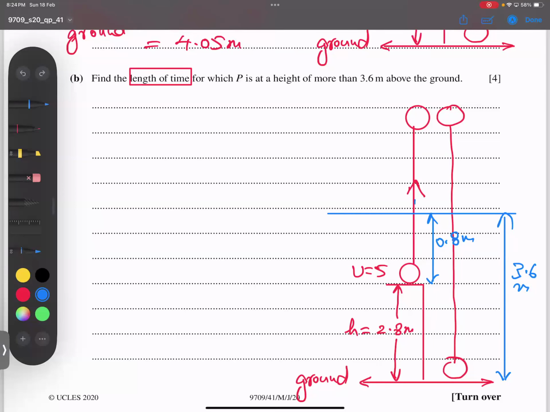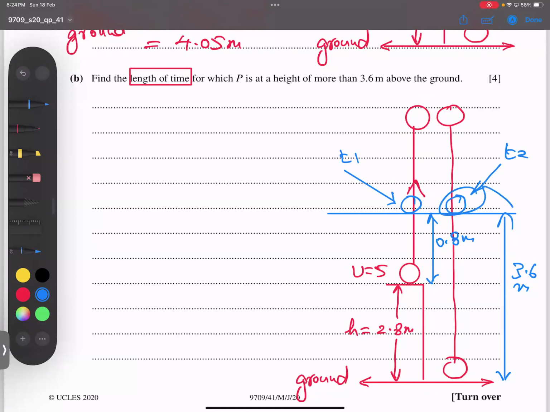When it reaches here the first time, it crosses the height of 3.6 meters. Stopwatch on here, I will count this as T1. It goes up and comes down, reaching here again. This is called T2, and my stopwatch will go off.